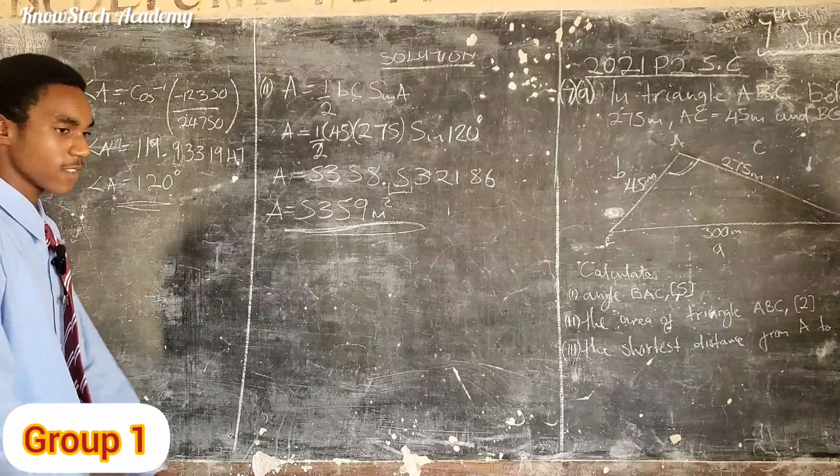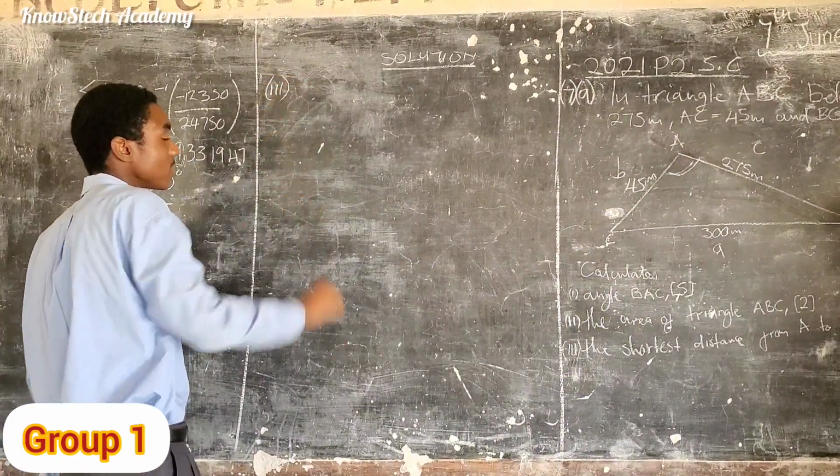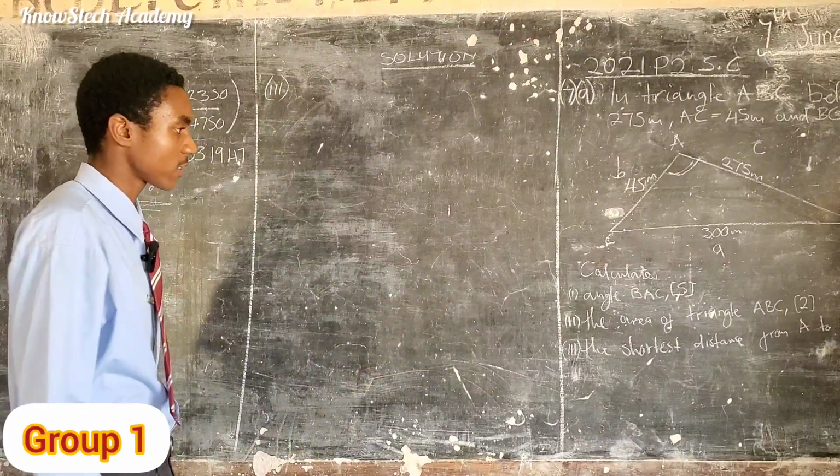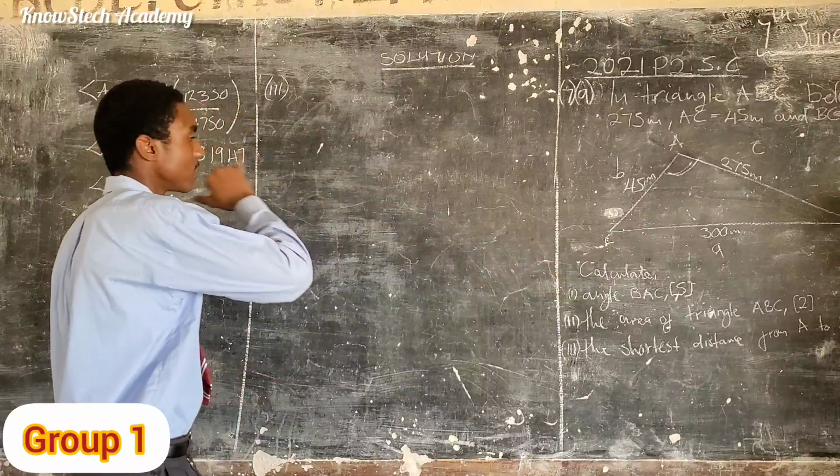Okay. Next question, the shortest distance. We're now finding question 3, which is to calculate the shortest distance from A to BC.